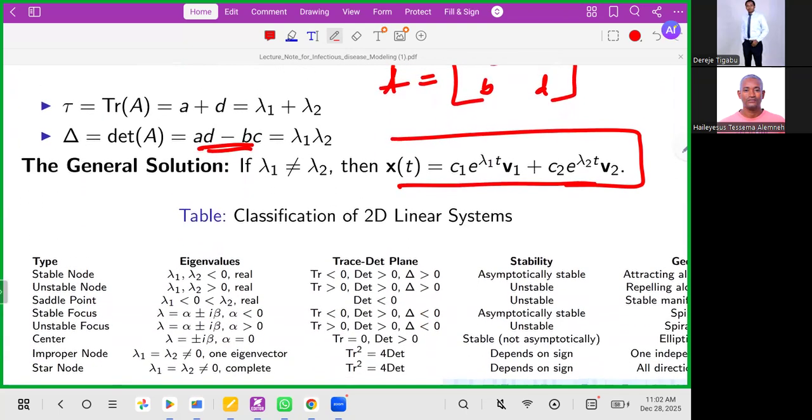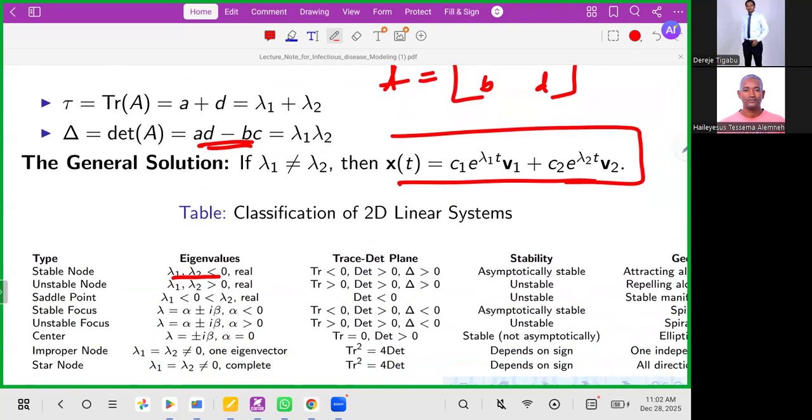Now, depending on the sign of the eigenvalues, we defined stable and unstable earlier. For instance, a stable node has lambda 1 and lambda 2 less than 0, which means the trace is less than 0 and the determinant is greater than 0. And there is the discriminant, which is obtained from the solution of the quadratic equation.